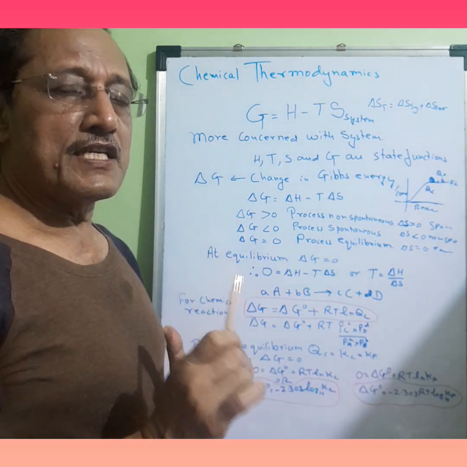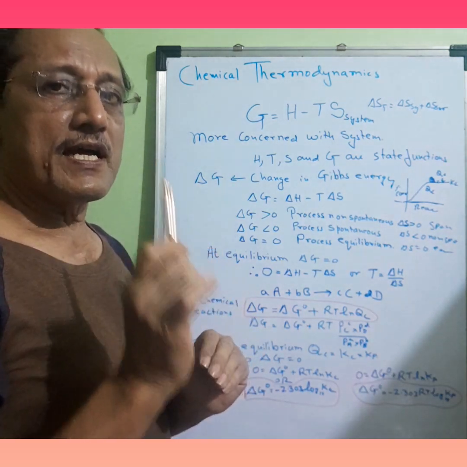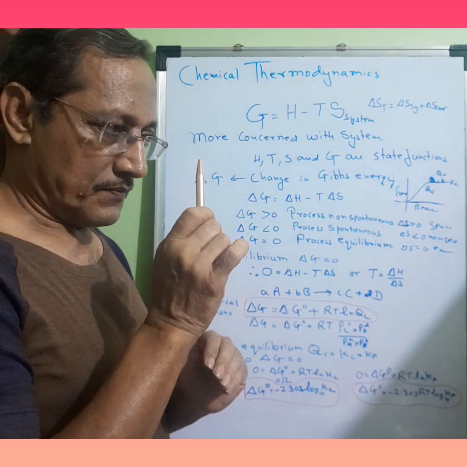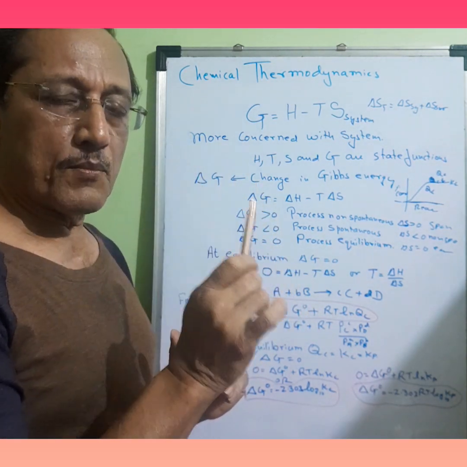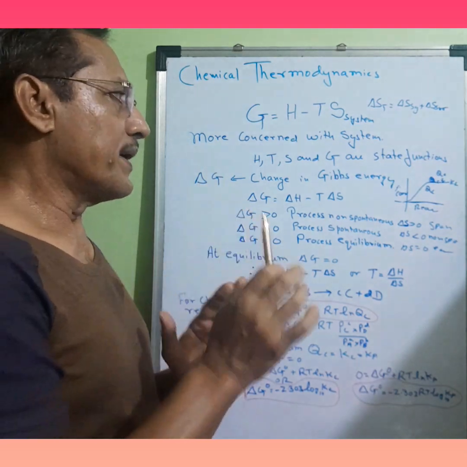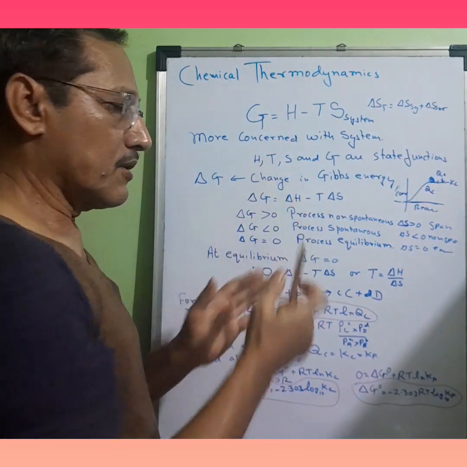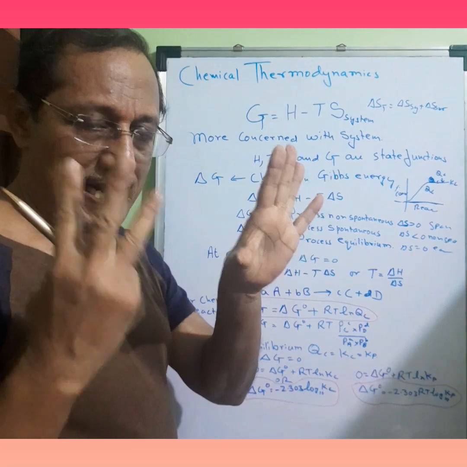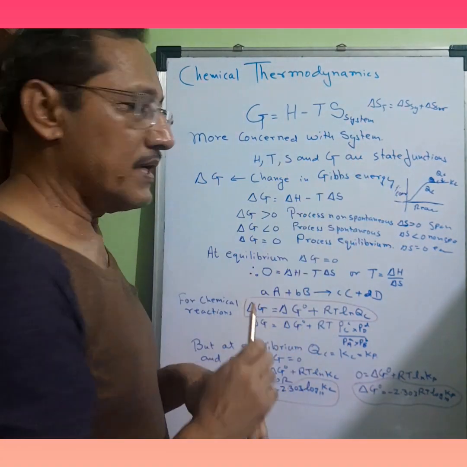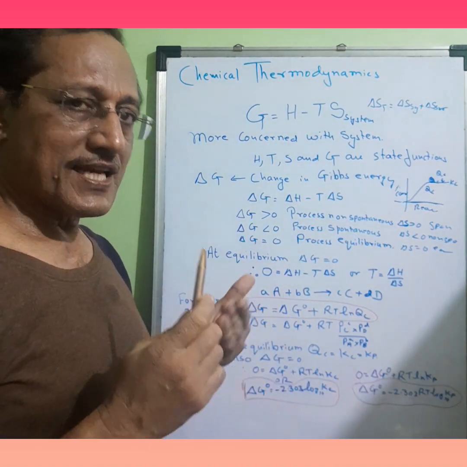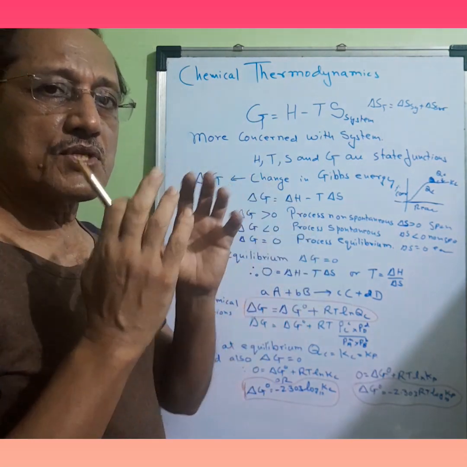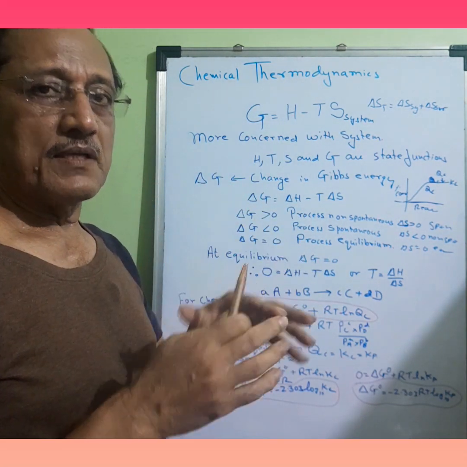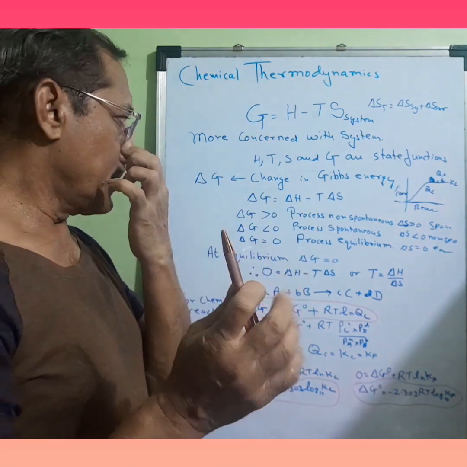Earlier we had seen P, V, N and T, that is pressure, volume, temperature and number of moles, which were also state functions. So you now have 8 state functions. And what are state functions? State functions are those which talk about the state of matter, the state of a process.